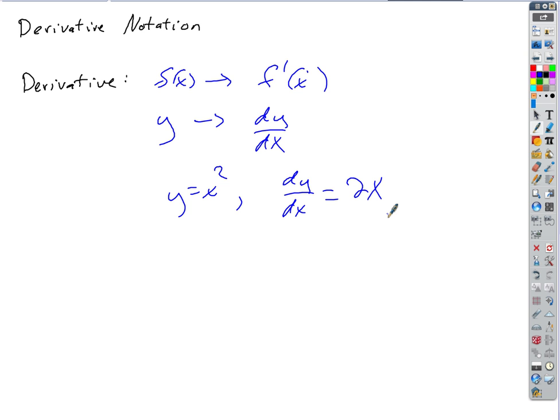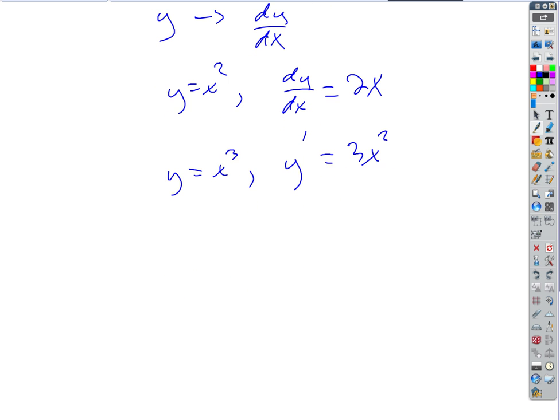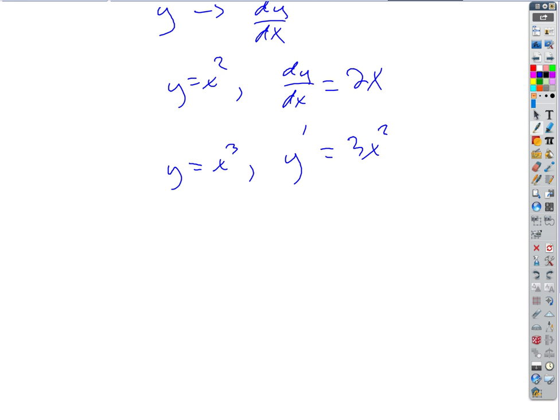That's just saying the derivative of y with respect to x. Okay? We could also say, if we do something like y equals x cubed, one shortcut would be to say y prime. Just another way of saying derivative. What does that equal? 3x squared.